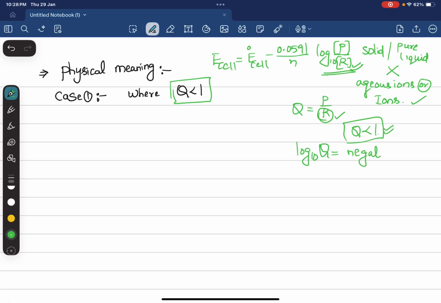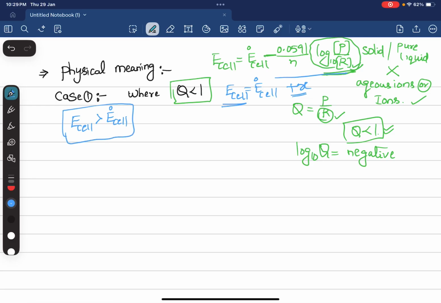When log Q is negative, using this equation, negative into negative is positive. So this whole term will be positive. Then the resultant equation is E cell equals E naught cell plus X, which means to get E cell we are adding something. That indirectly tells E cell is greater than E naught cell. This is case 1, which is very important.